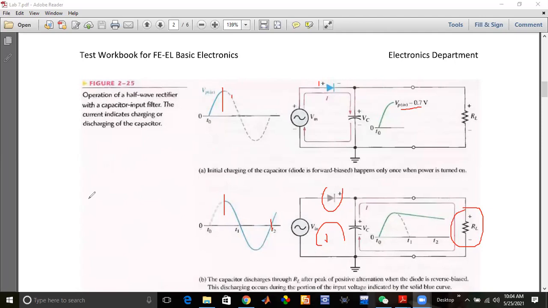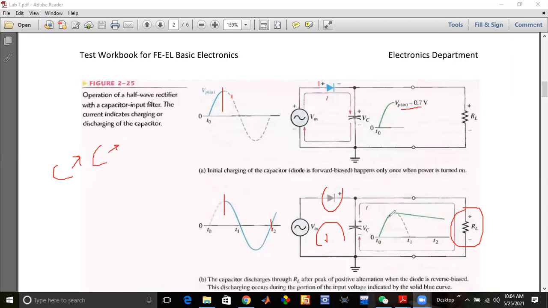It has been proved by equations. You have studied this in your diploma classes and circuit analysis classes, and you will also study it again in your AC circuit analysis course. You know that the capacitor is charged quickly and discharged slowly.